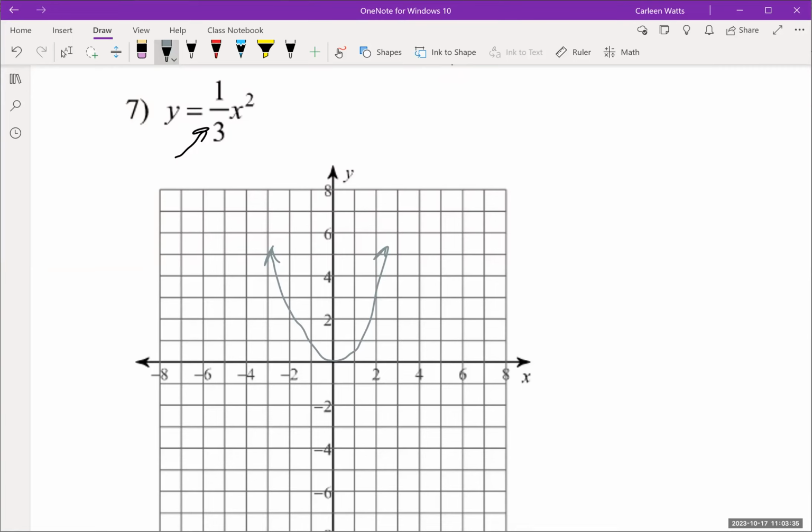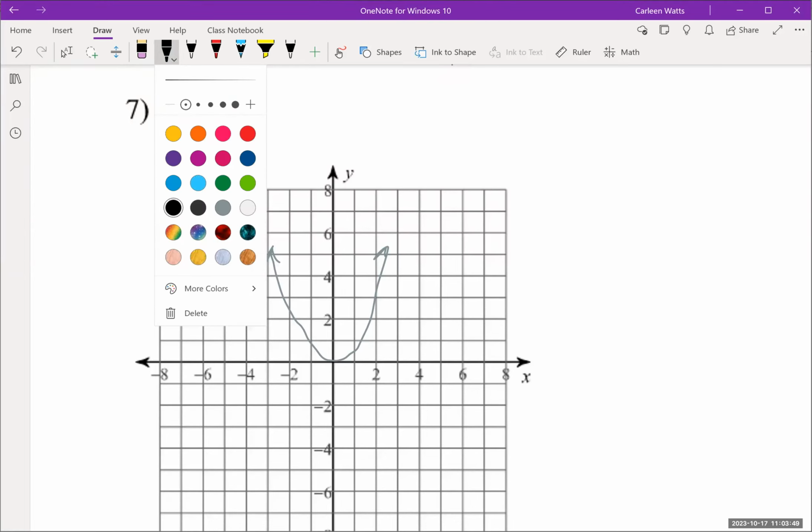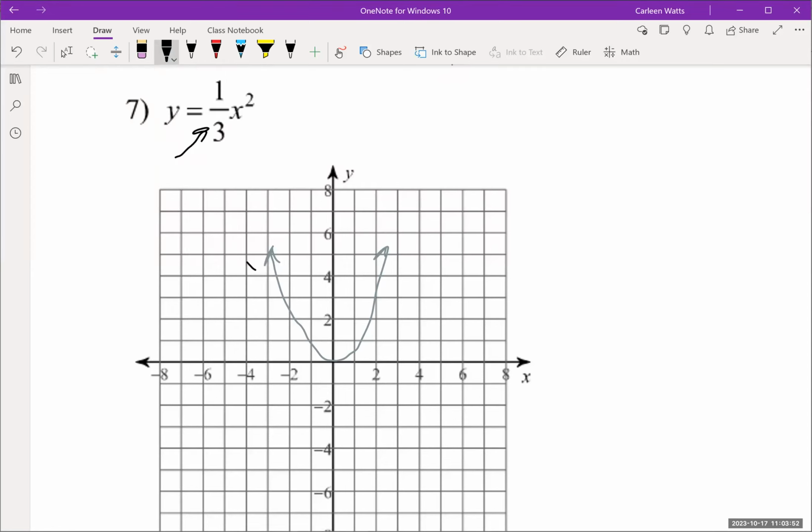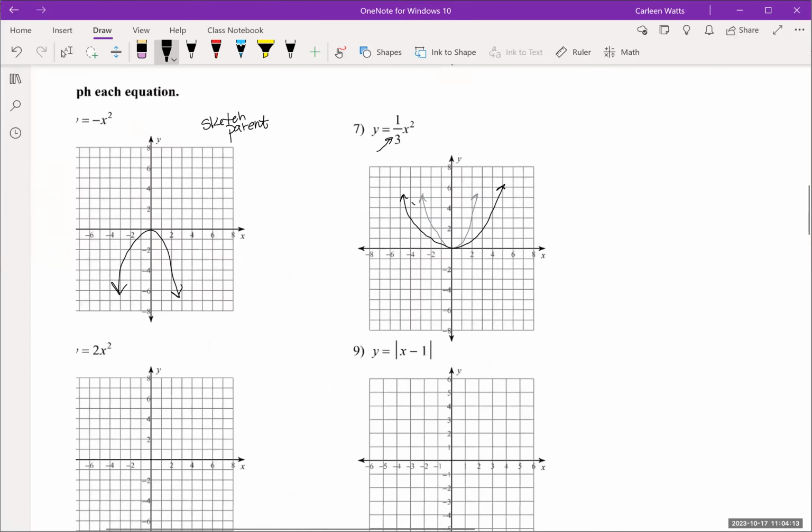If I put a fraction in front of the x squared, is it going to climb quickly or slowly? No, it's going to climb slowly. And we can see why by making a table. In fact, if you want to look at last year's video, I actually made a table. Does that make sense? A fraction less than 1, absolute value less than 1, climbs more slowly compared to the original.